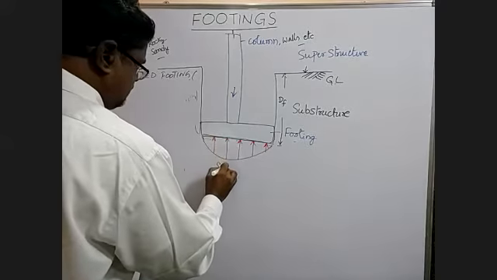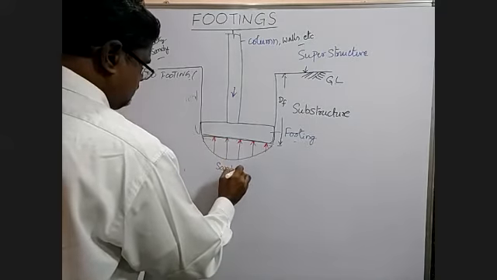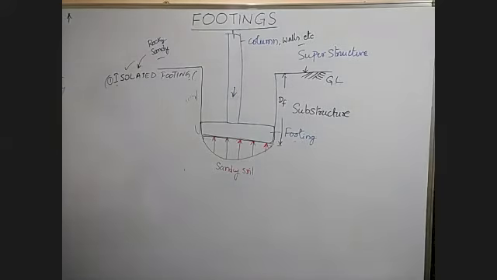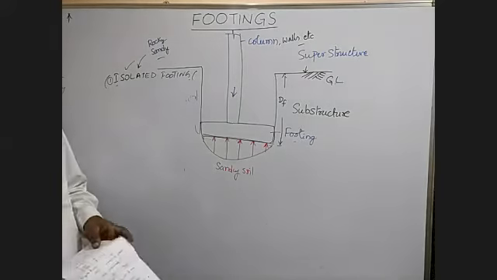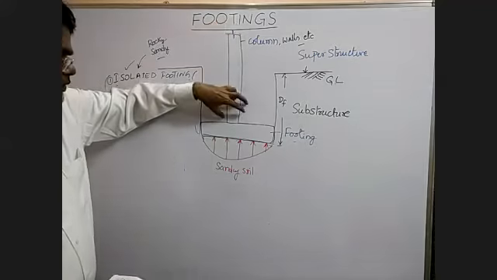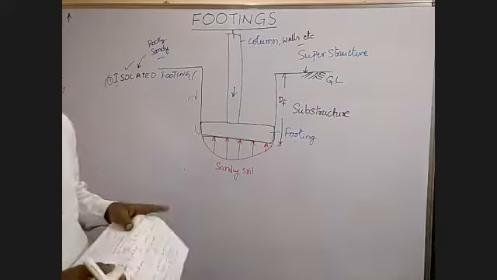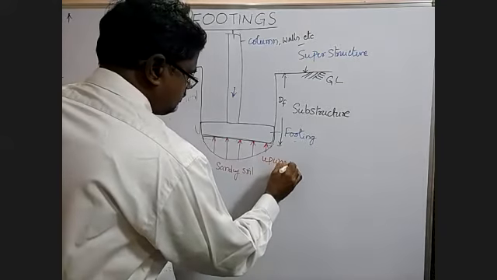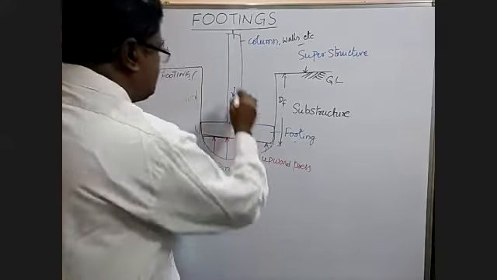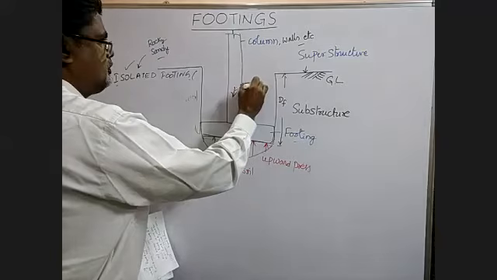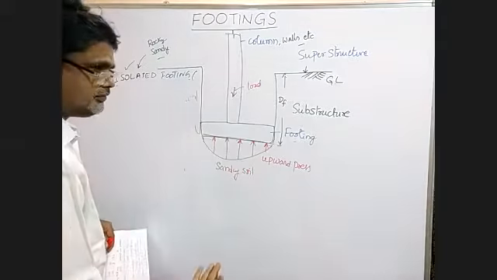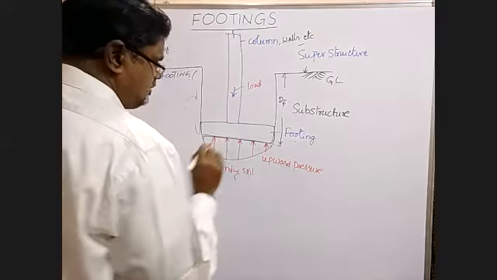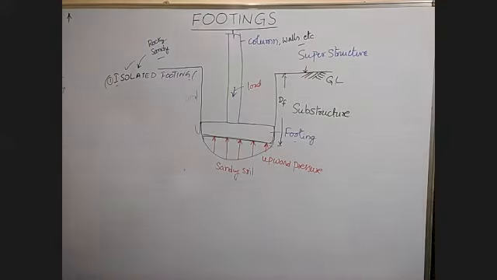This is for sandy soil. When we apply load from the top, you have an upward pressure. So you have the column load coming from the top, and you have the upward pressure from the soil. This is for sandy soil.